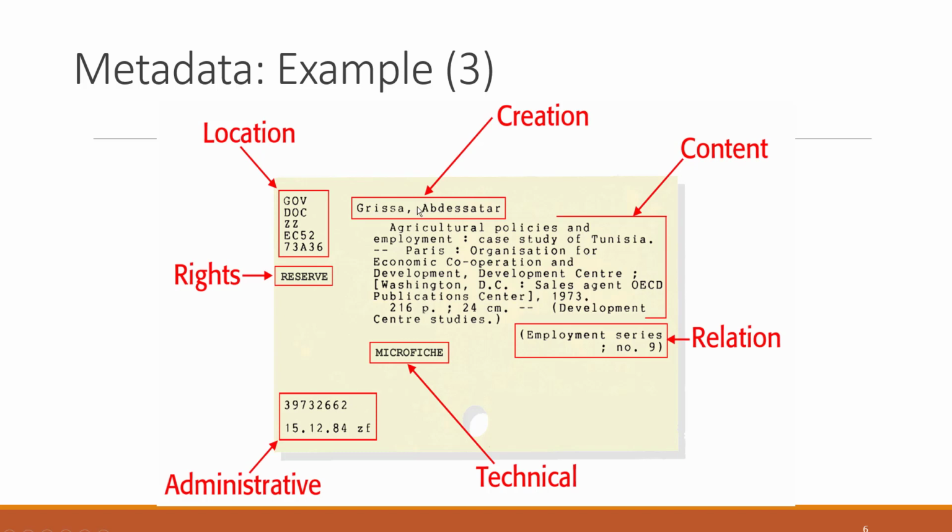But in this sort of data, actually what we have is who created this, and the content, the relation, the technical, so anything. As long as it is logical, it can be organized into data. We call it a metadata.